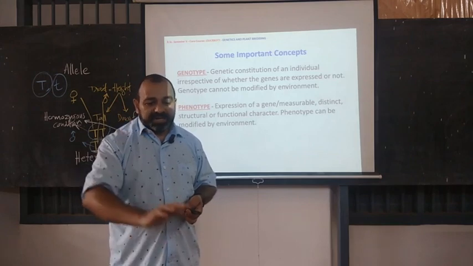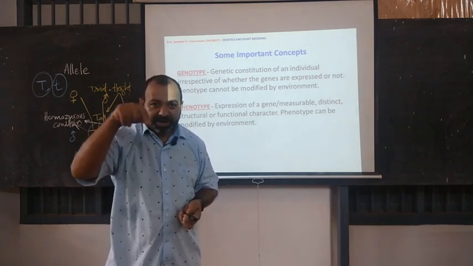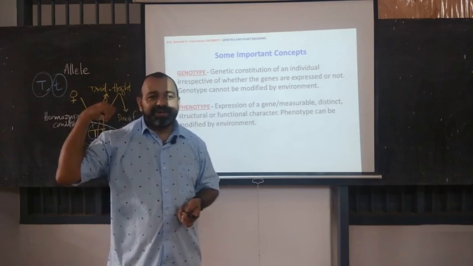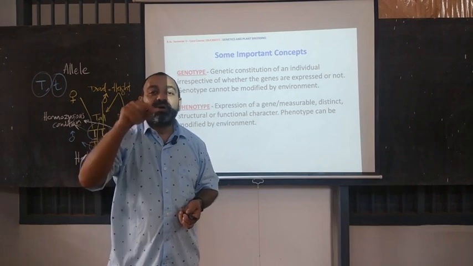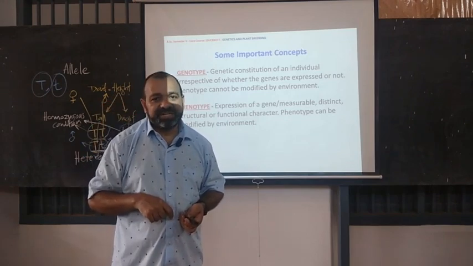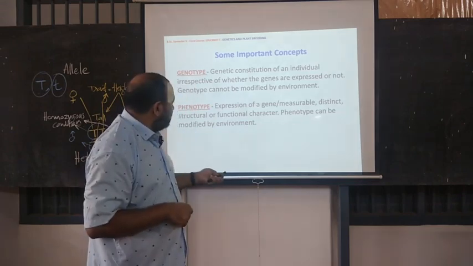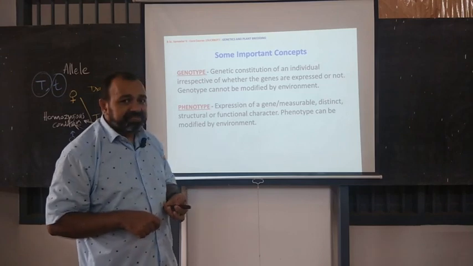And if a dwarf plant is obtained, if the phenotype is dwarf, then we can definitely say its genotype is small t, the recessive homozygous condition. So the phenotype can be modified by the environment.